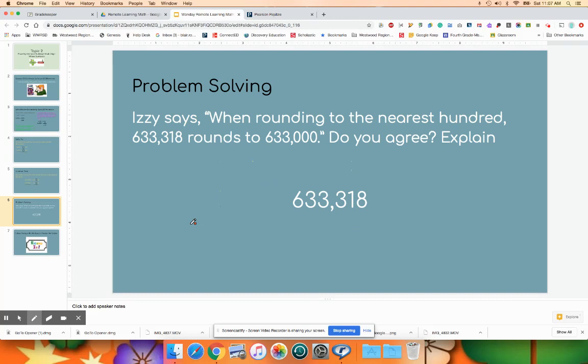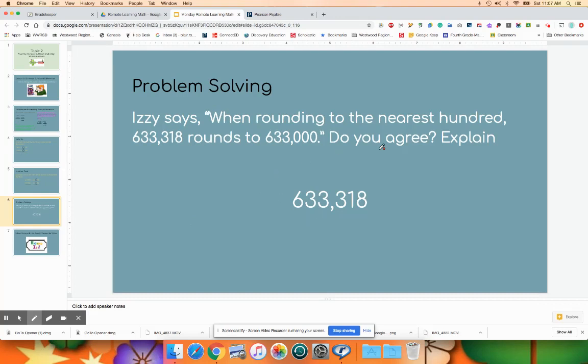Okay, so let's do a little reasoning and problem solving for our last one. Izzy, my sweet Izzy girl, that's my dog for those of you who don't know. Izzy says, when rounding to the nearest hundred, 633,318 rounds to 633,000. Do you agree? So I usually like to do the actual rounding just so I know whether or not the person is correct, and then I can move forward with my explanation.